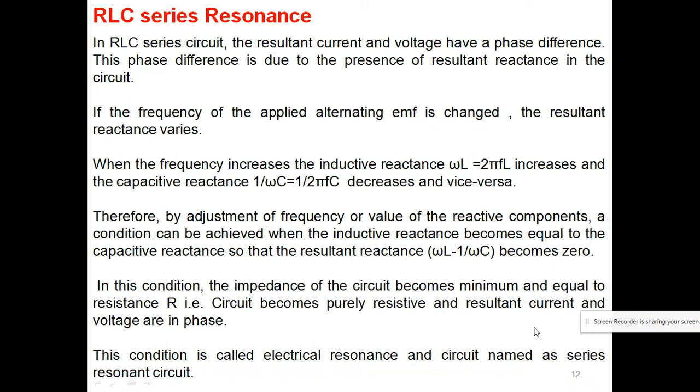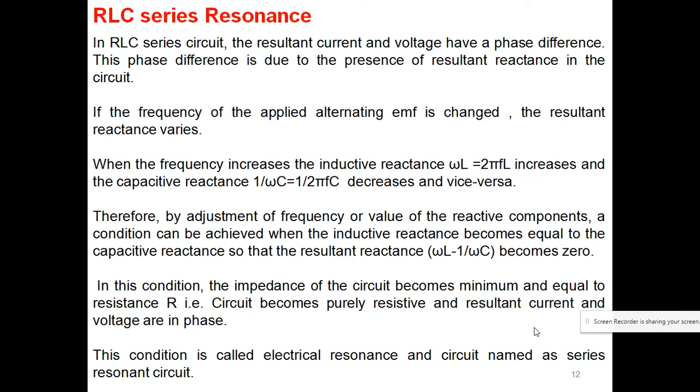In this case the impedance becomes minimum and equal to the resistance. It means the circuit becomes purely resistive, and current and voltage are in phase. This condition is called electrical resonance, and the circuit is named a series resonant circuit.